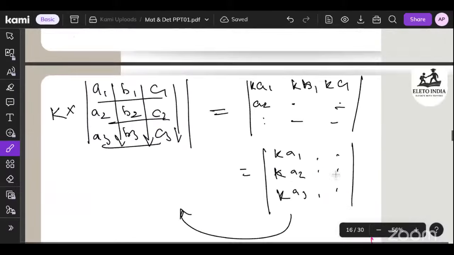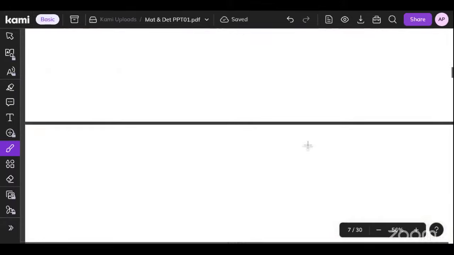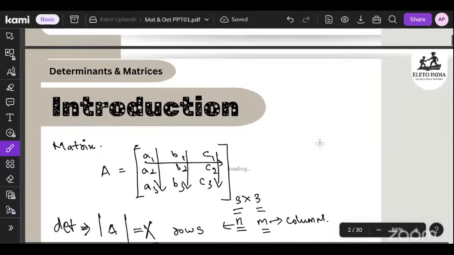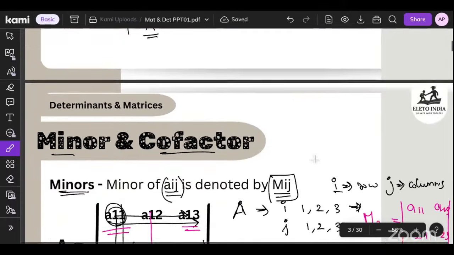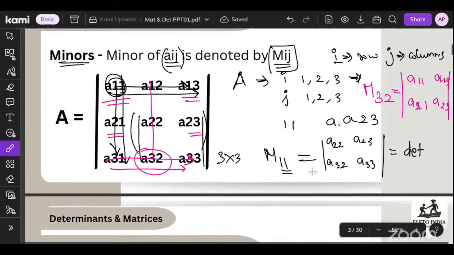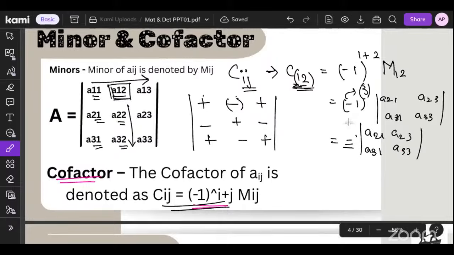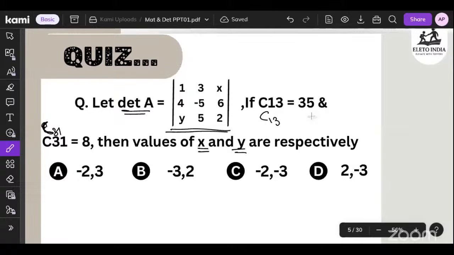Okay, yes sir. Let us just have a final summary of today's session. Today we have just started the matrix and determinants topic, and we have seen rows and columns and determinant types. We found what a minor is and how to find it, then what a cofactor is and how to find it, and with the help of cofactors we can also find the determinant.